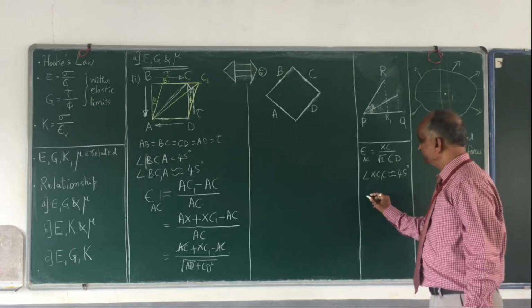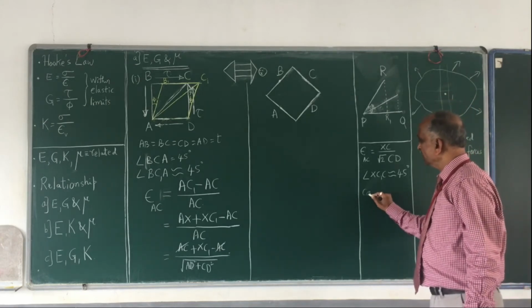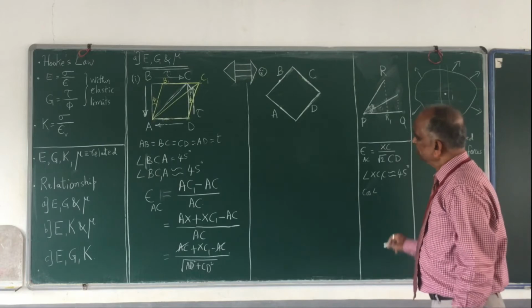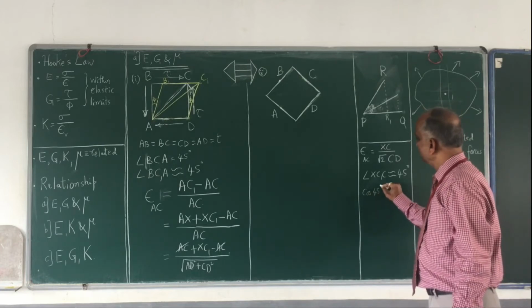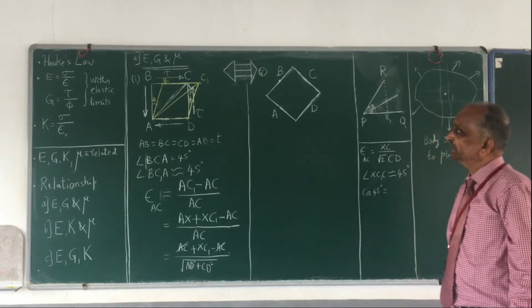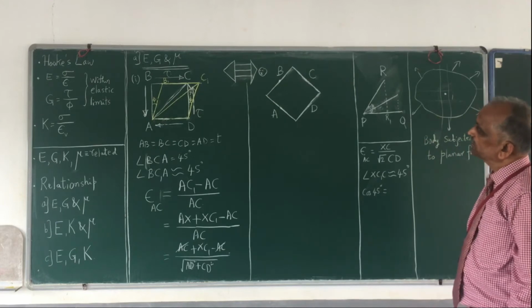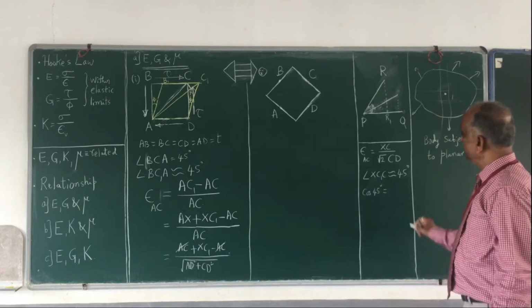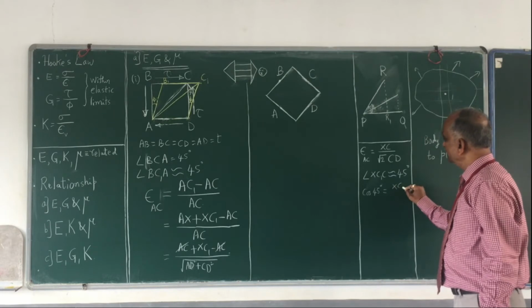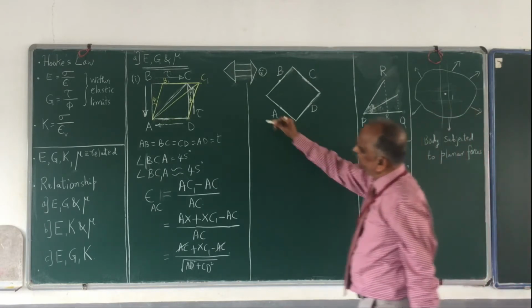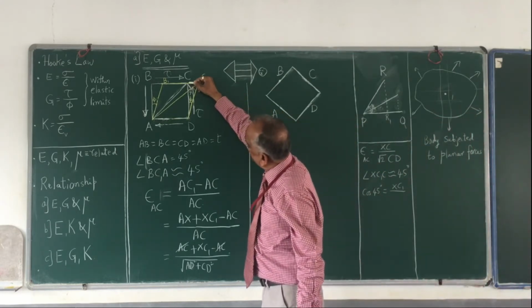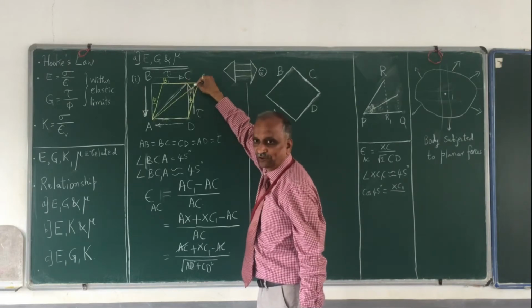Okay, therefore cos 45 degrees is equal to XC1 divided by, I know that this is 90 degrees, and therefore CC1 is the hypotenuse.